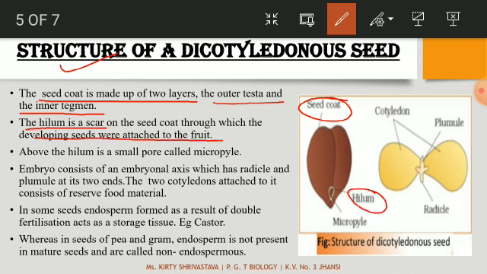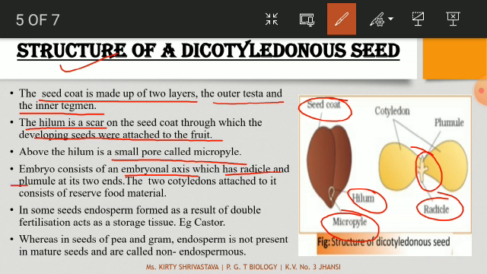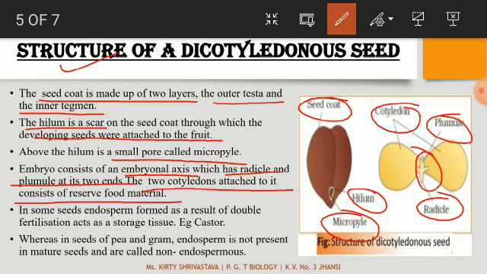Above the hilum is a small pore called the micropyle. Embryo consists of an embryonal axis which has the radicle and the plumule at its two ends. The two cotyledons attached to it consist of the reserve food material.